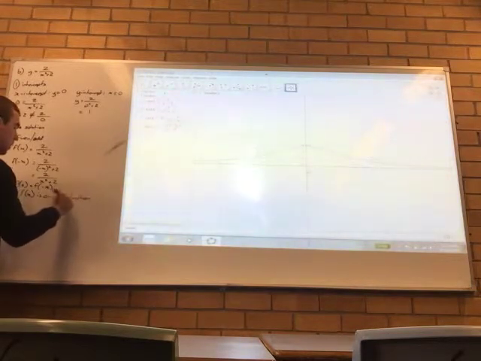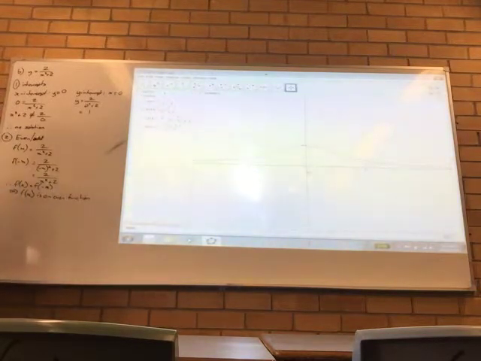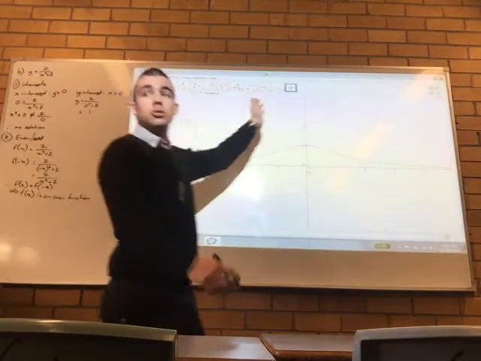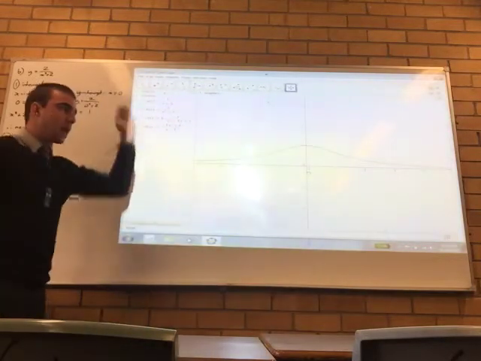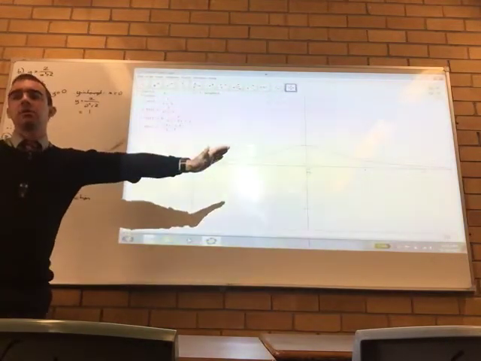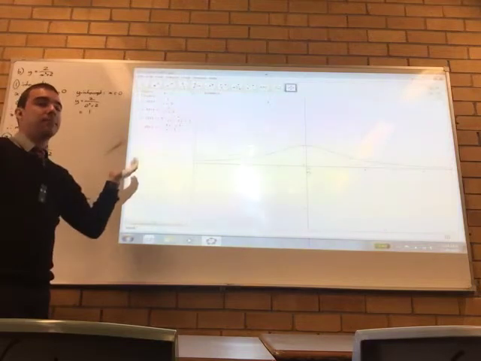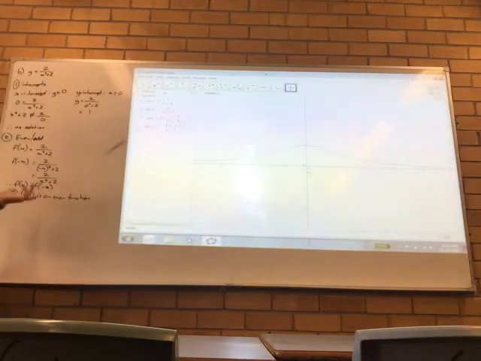Okay, so because I've obtained that very useful piece of information, all I'd really need to focus on is one side of the y-axis and then just mirror it on the other side. I think this one will need a table of values because we don't know what it looks like.